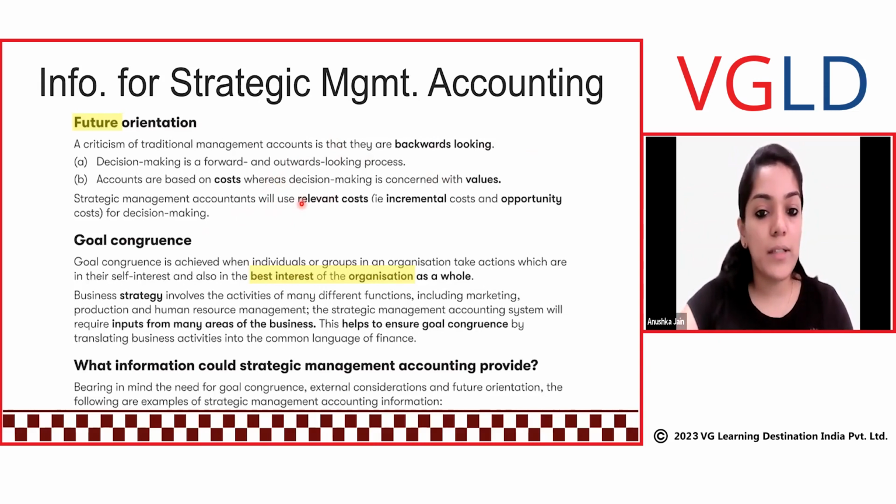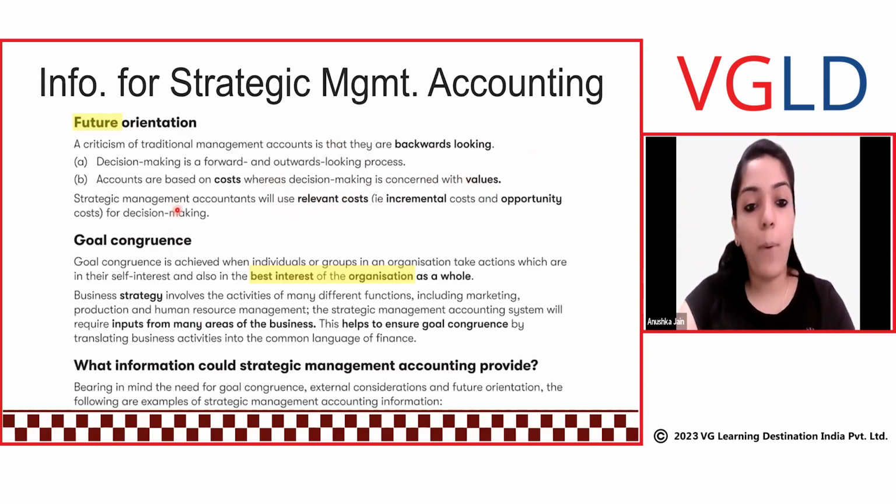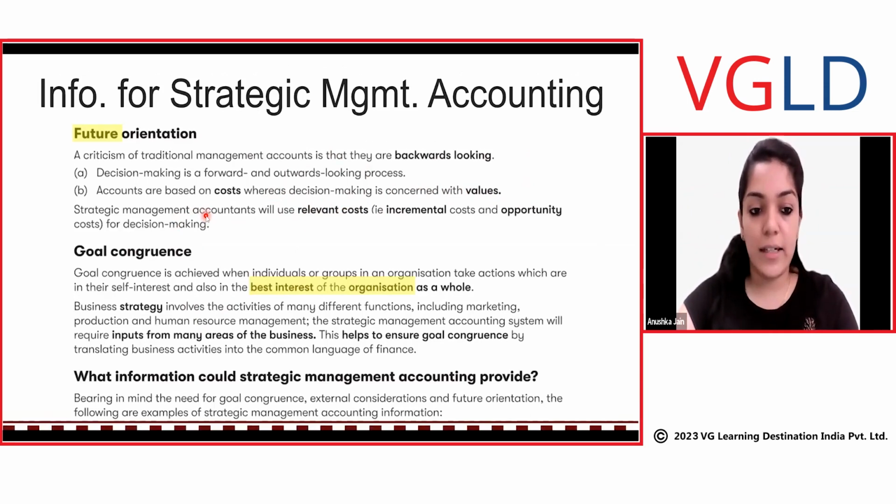Strategic management accountants will use relevant costs, that is incremental costs and opportunity cost, for decision making. Tell me, what do you understand by incremental cost and opportunity cost?